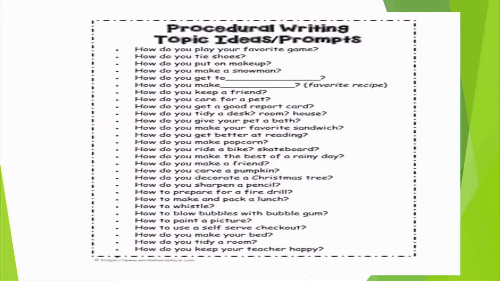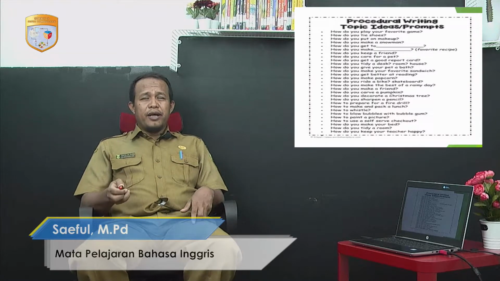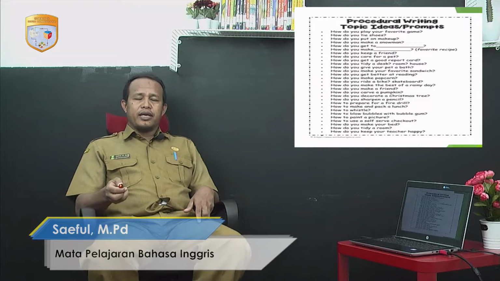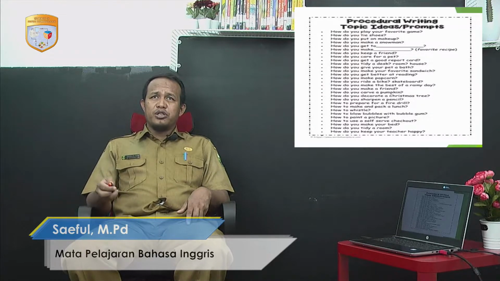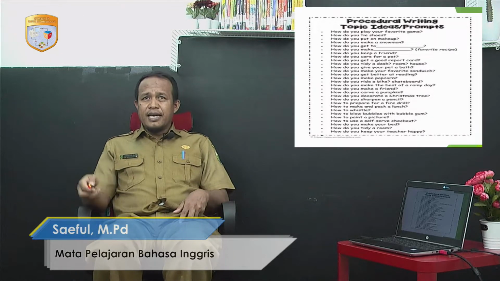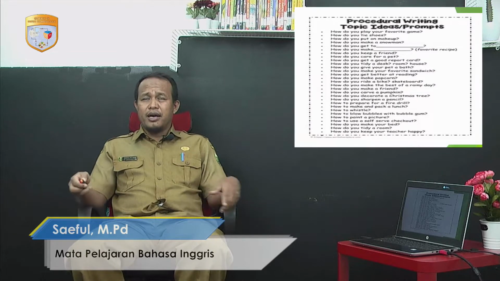I will collect your homework in 1 week, so you will have to give it to me on Tuesday next week. That is what you have to do. You can choose one of those titles, subjects, or topics here, and then write the procedure of how to make or do it, guiding everybody to do something that I show you here.